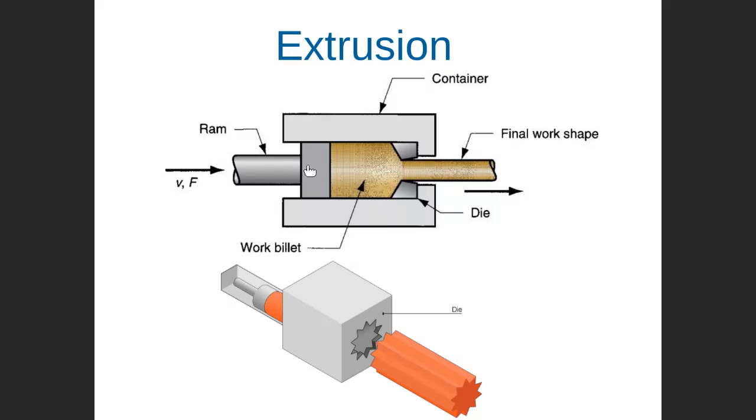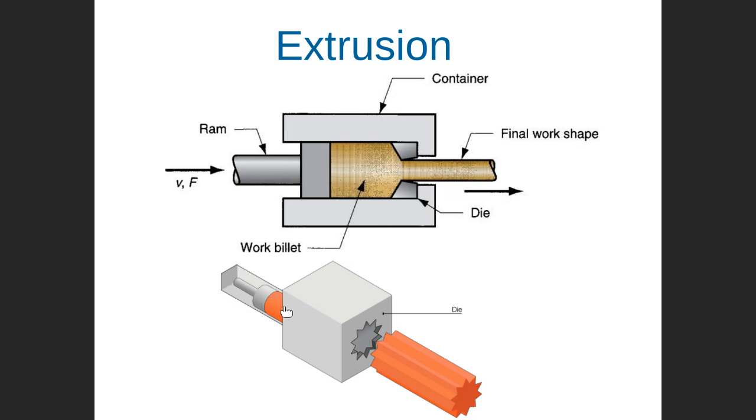Extrusion, as you can see, is applying pressure. I already started this one before, but just to quickly refresh your information, I remind you. We apply pressure, we push the material to exit with the same shape as the die exit. You can see here, this is a raw material, usually cylindrical in shape.